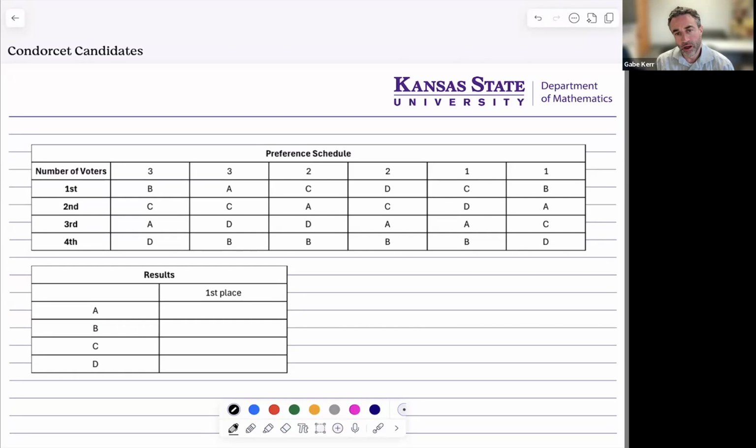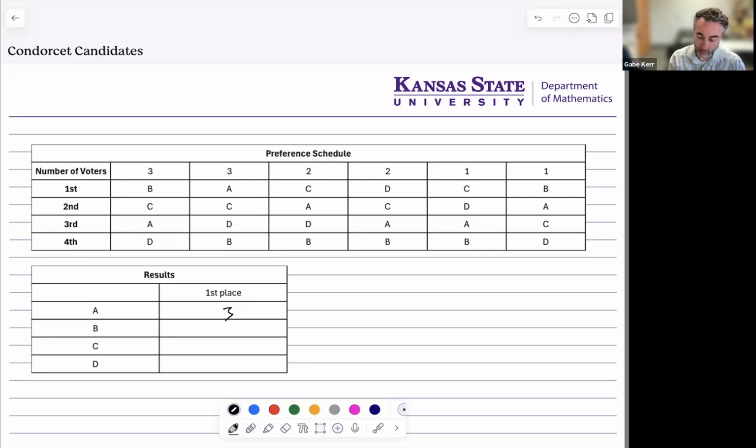We used the plurality method before to determine a winner, so let's recall exactly how that worked. We just count the number of first place votes a candidate has received, which we can do by looking at the preference schedule. Candidate A, Amanda, has 3 votes.